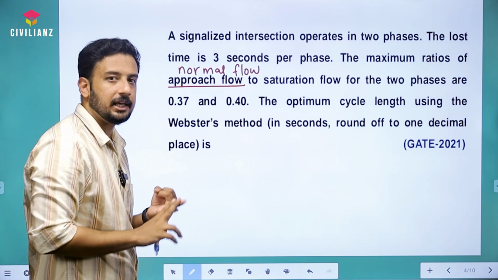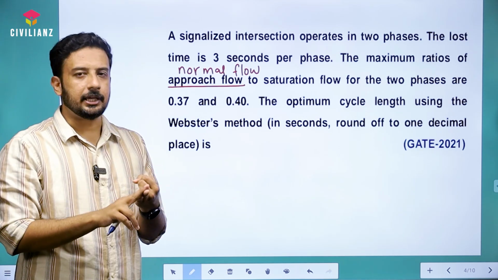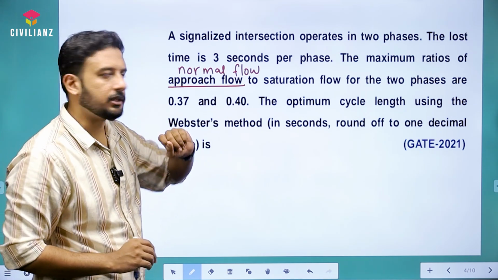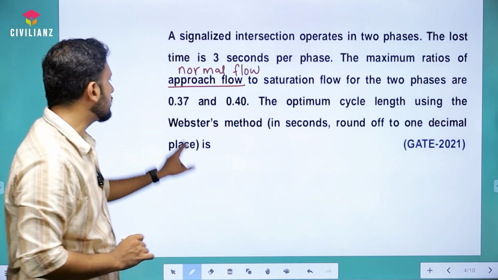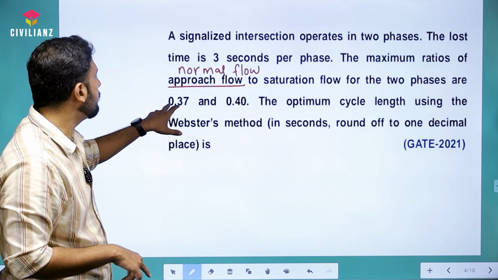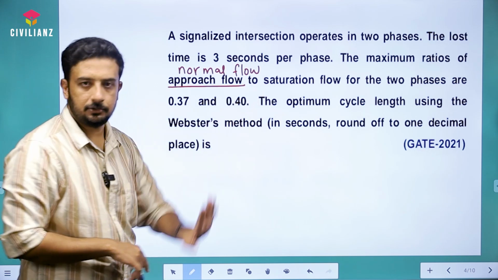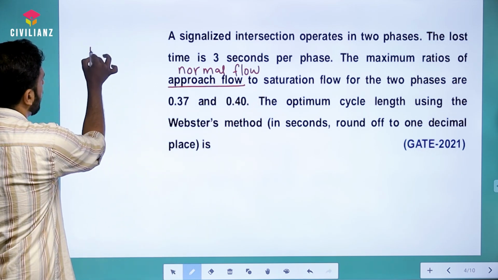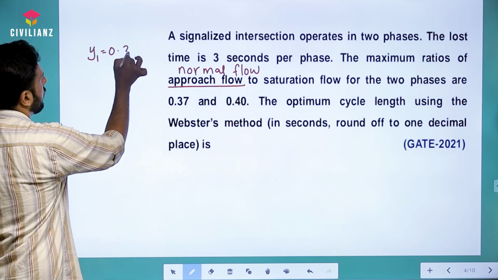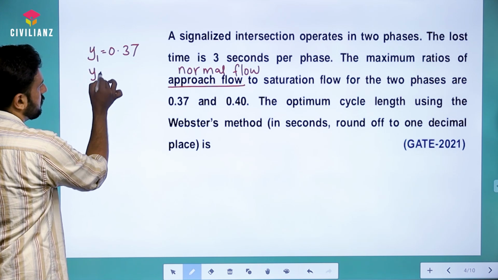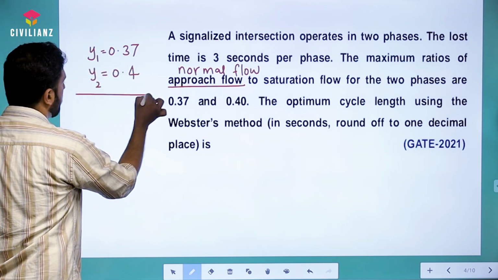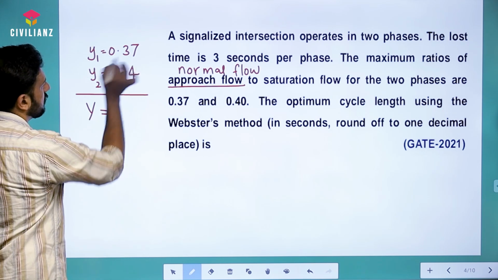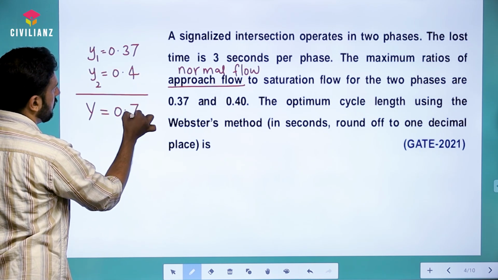So there are three names: normal flow, critical flow and approach flow. All three are the same. Saturation flow we have already seen. For the two phases, as I told you, they are 0.37 and 0.4, which means y1 is equal to 0.37 and y2 is equal to 0.4, so the capital Y value will be 0.37 plus 0.4, 0.77.